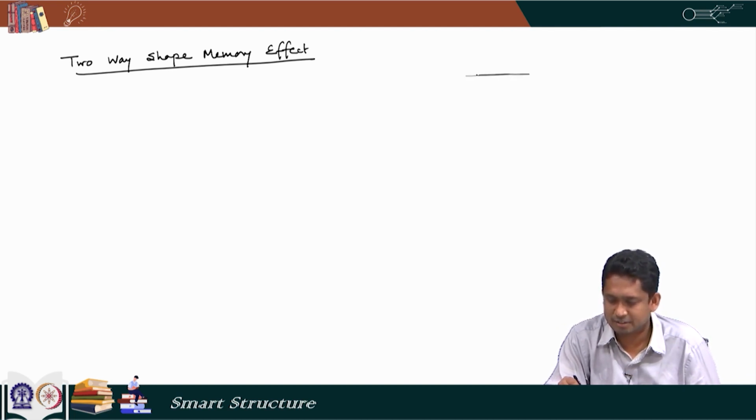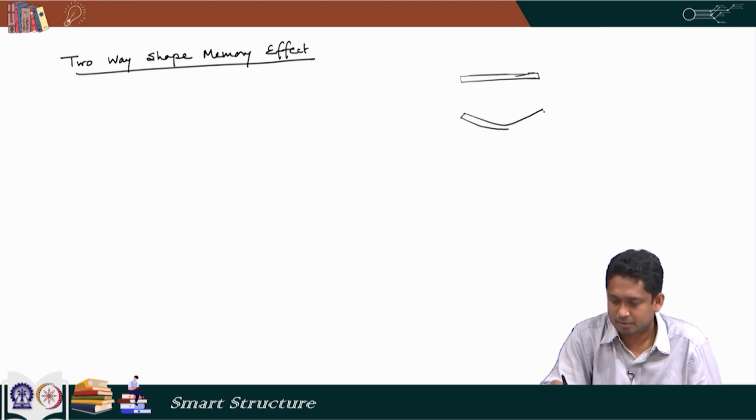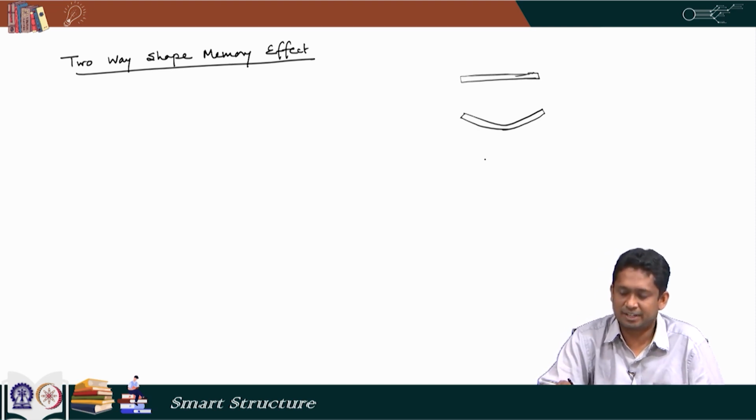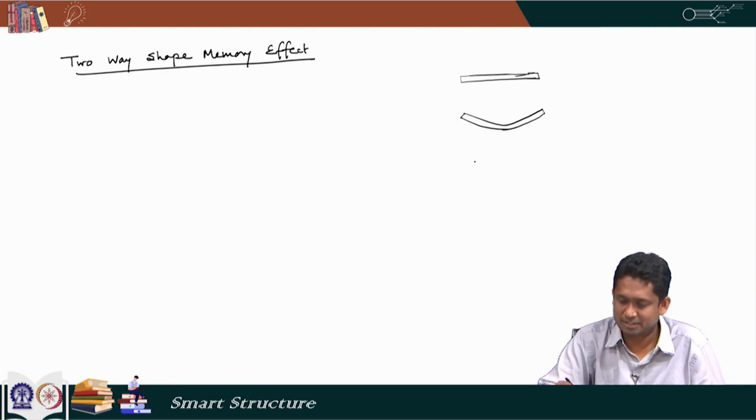We have a material in undeformed shape, it looks something like this, and then in the deformed shape it becomes like this, and then on heating it regains the shape. But in case of two-way shape memory effect, the material may not show a full recovery, it may show a partial recovery like this.